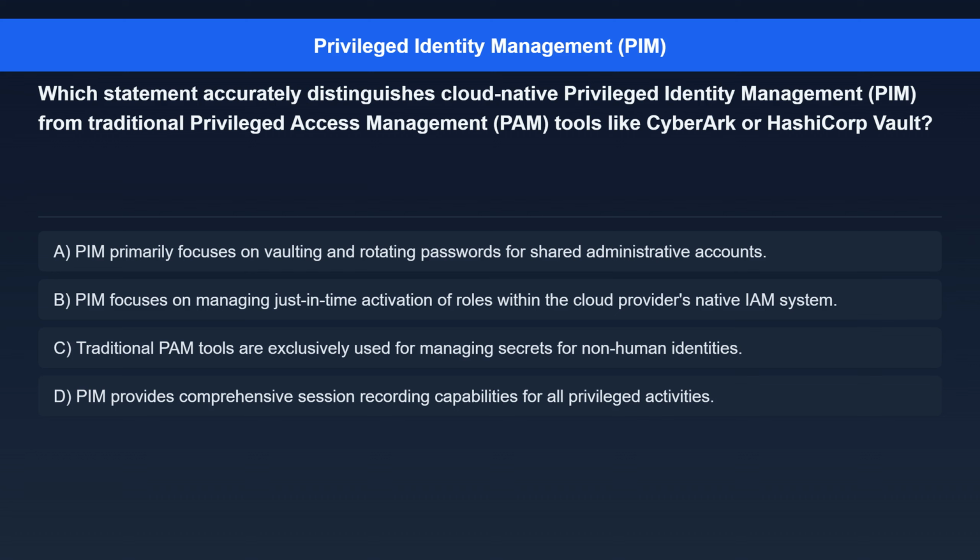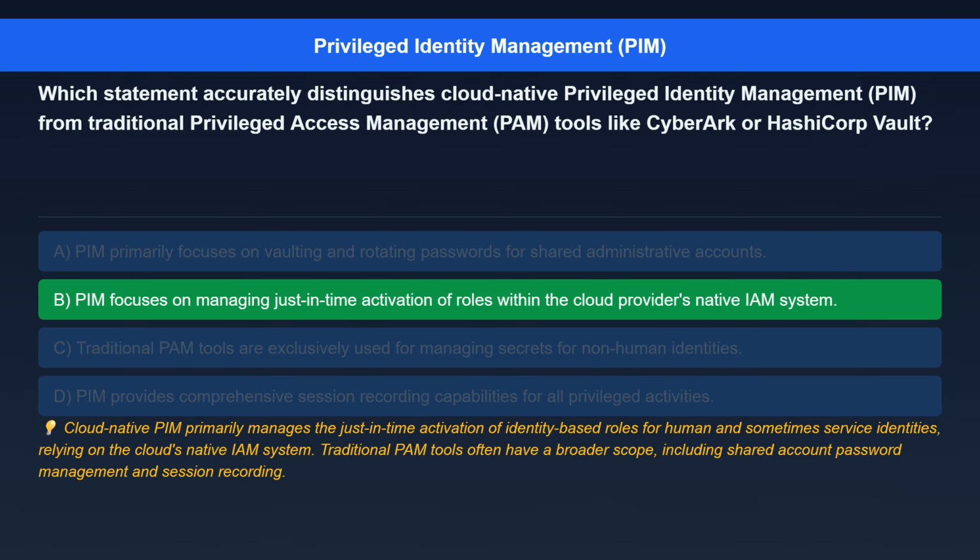Option B. PIM focuses on managing just-in-time activation of roles within the cloud provider's native IAM system. Option C. Traditional PAM tools are exclusively used for managing secrets for non-human identities. Option D. PIM provides comprehensive session recording capabilities for all privileged activities.